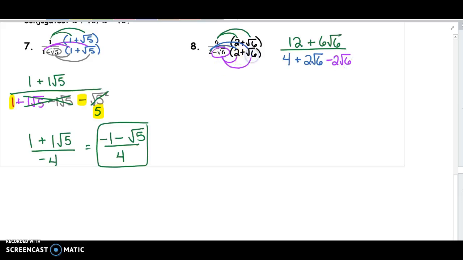Negative square root of 6 times positive square root of 6 is negative square root of 6 squared. The square root of 6 squared becomes plain old ordinary 6. 2 square root of 6 minus 2 square root of 6 is 0. So we have 4 minus 6 in our denominator.